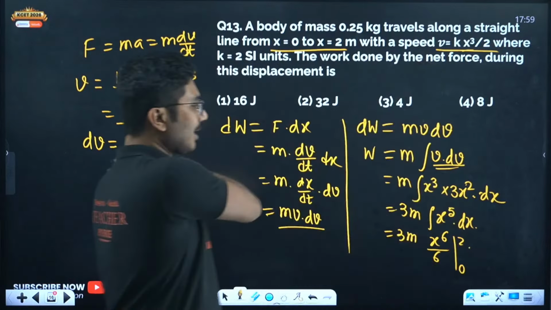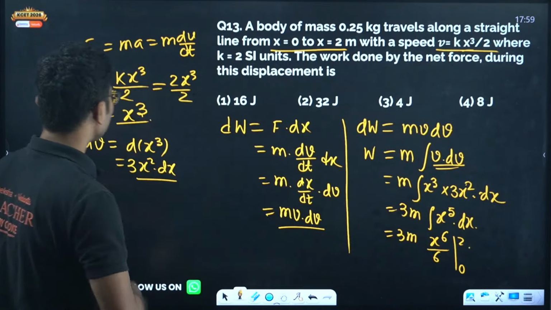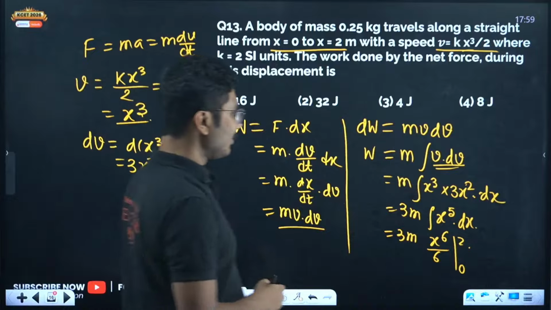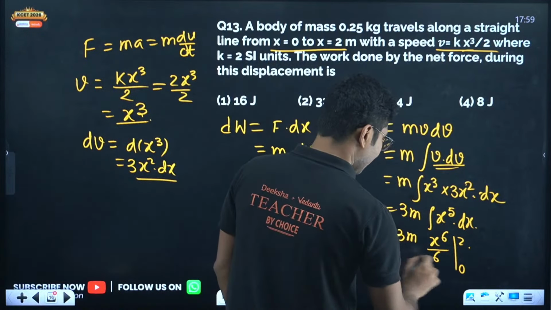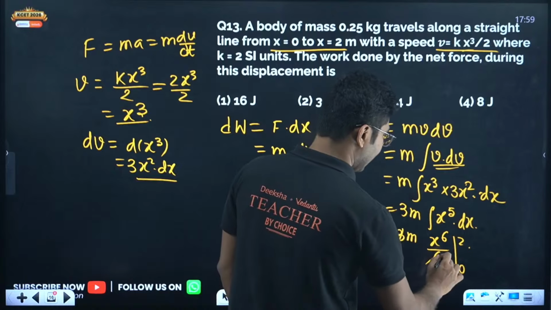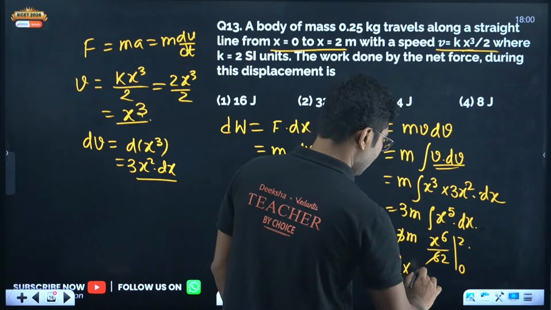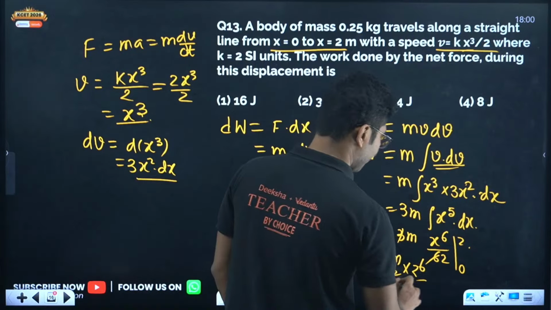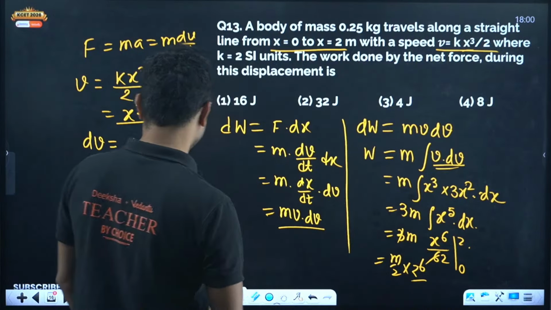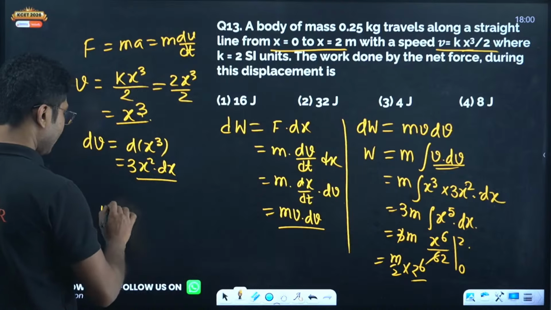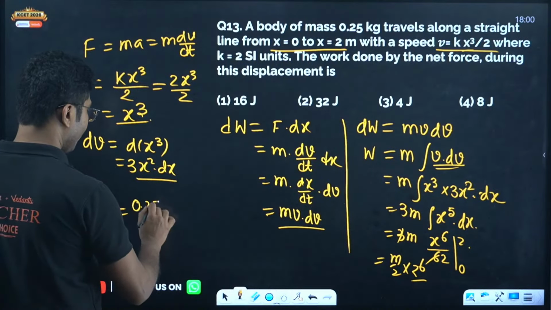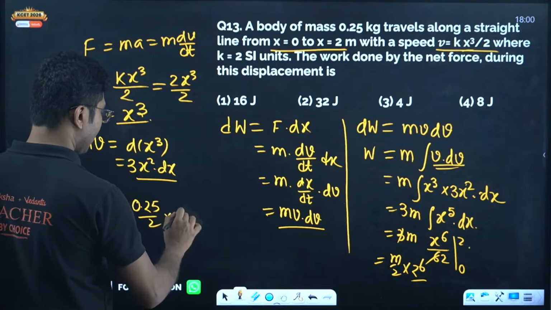They obviously have not given you a very large value so that you can calculate it. So you get m by 2 into 2 to the power of 6. So the work done will be 0.25 by 2 into 2 to the power of 6.